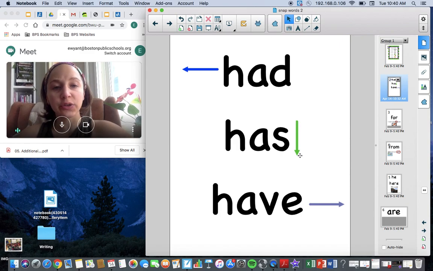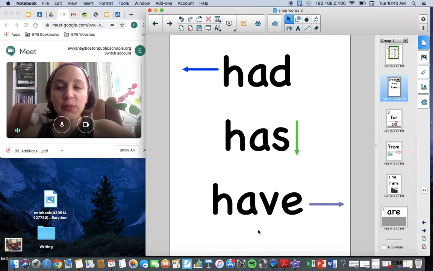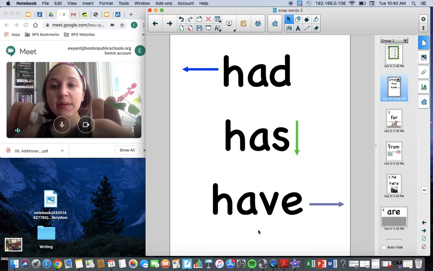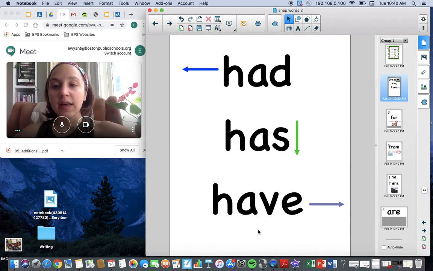That's why I have this little green arrow pointing to now. The third word, have, that's usually a word that we're going to use for something that we want to have in the future. Like, for example, my sister wants to have a turtle. She doesn't have a turtle now, but one day she would like to have a turtle.